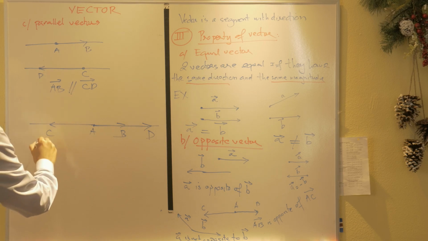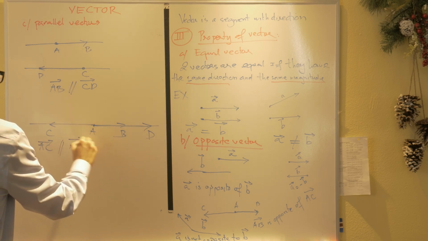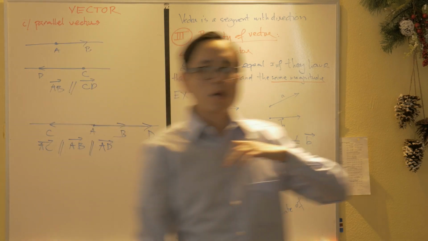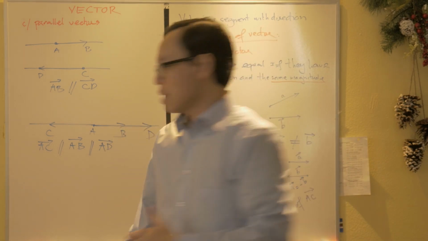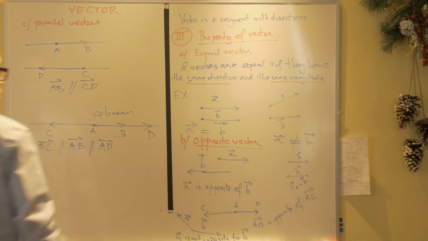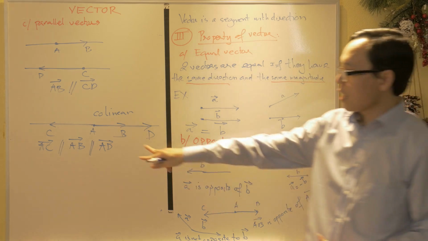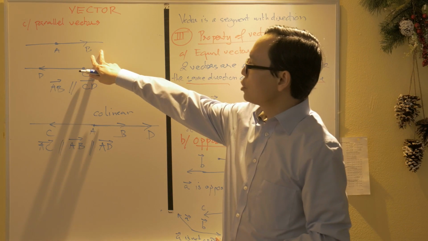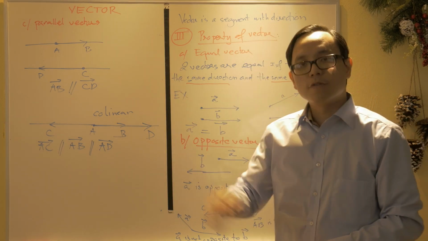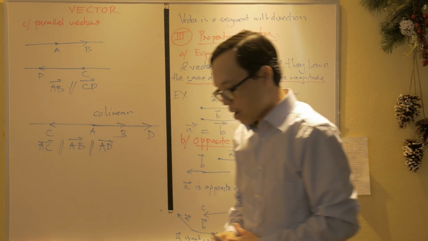So I can say that AC is parallel to AB is parallel to AD. They are all parallel to each other because they are collinear. They lie on the same line. So this is collinear. So either they lie on the same line or they lie on two separate parallel lines, we can call those two vectors parallel to each other. Okay, remember that.